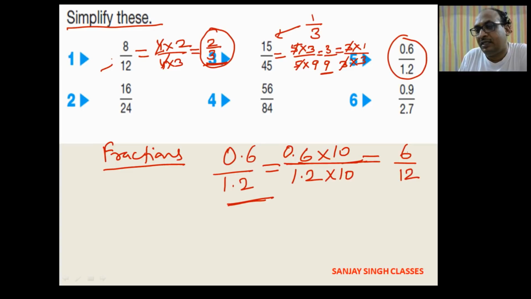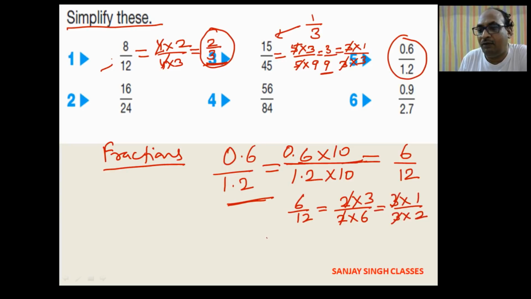Now this 6 by 12 we can write as 2 into 3 by 2 into 6. So this 2 will get cancelled. Again 3 by 6 we can write as 3 into 1 by 3 into 2. So we have cancelled, and ultimately we have got 1 by 2. So 0.6 by 1.2 has become 1 by 2.